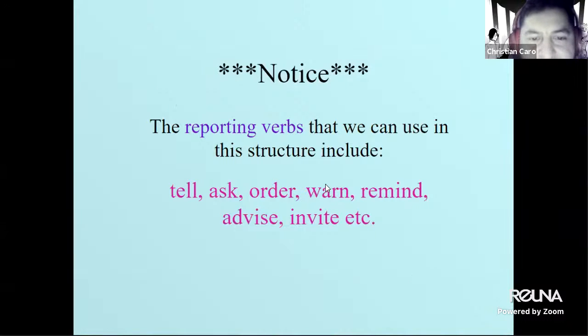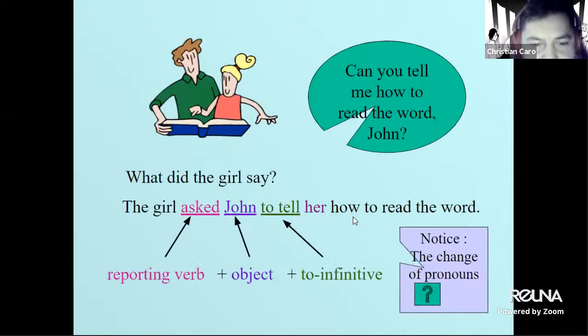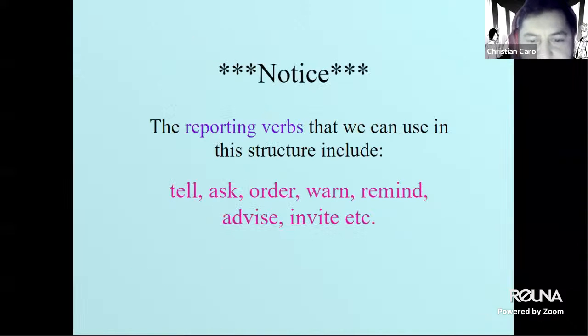What else? Reporting verbs that we can use in this structure include tell, ask, order, warn, remind, advise, invite, etc. Okay. So we can say, for example, the girl asked or ordered, for example, or the girl invited John to, or invited him to do something, right?